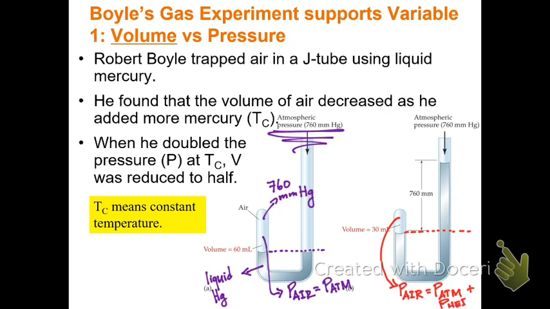So all we have to do is add 760, plus another 760 coming from the atmosphere. That gives us 1,520 millimeters of mercury.